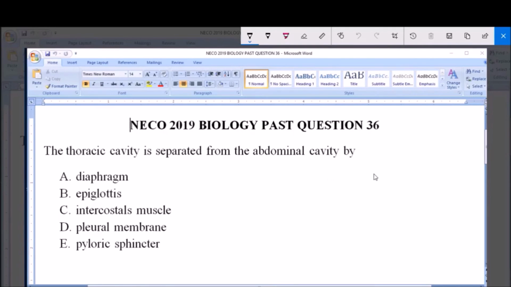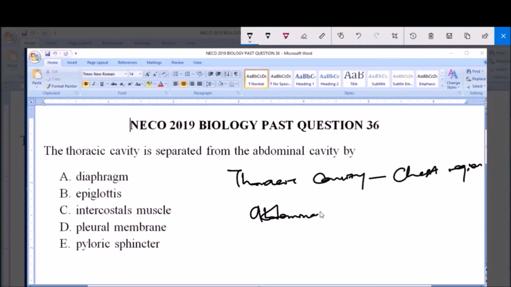Now the thoracic cavity is the chest region. That's the region consisting of the ribs and the sternum, that's the breastbone. Then the abdominal cavity is the abdomen.